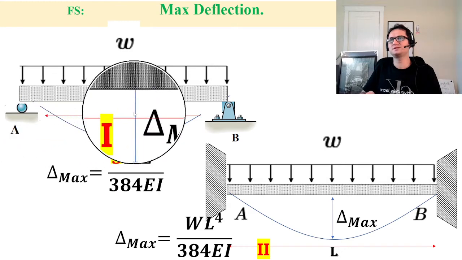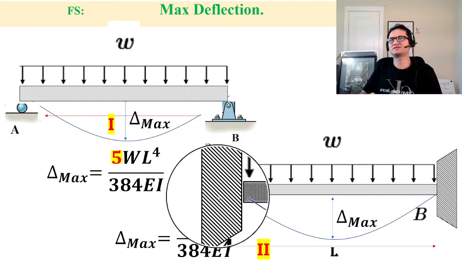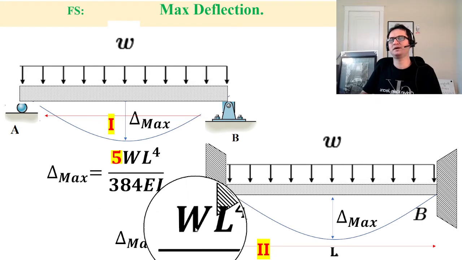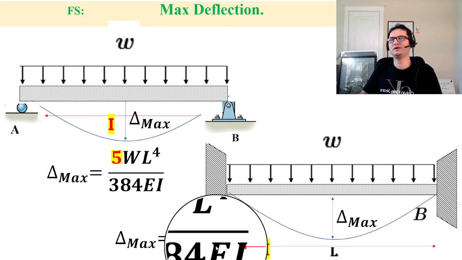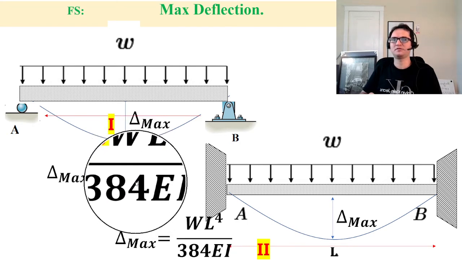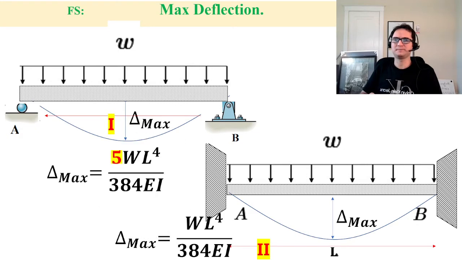One is simply supported and the other is fixed. That's only due to the difference in their supports.